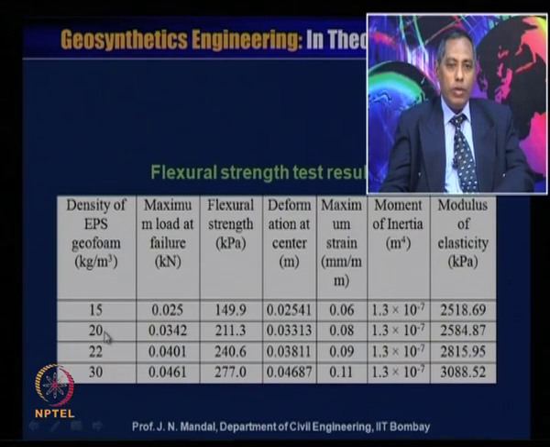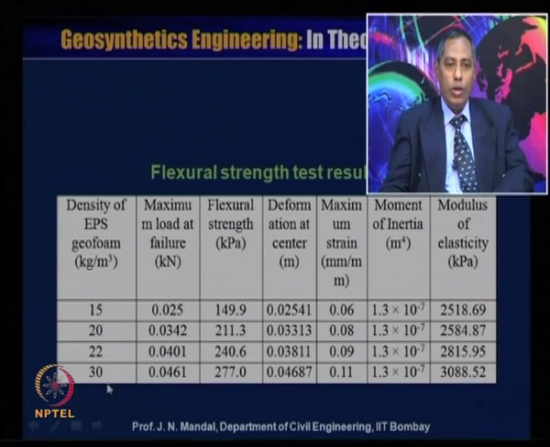When the density of EPS geofoam is 20 kg per meter cube, the maximum load at failure is 0.0342 kilonewton, flexural strength 211.3 kilopascal, deformation at the center 0.03313 meter, maximum strain 0.08, moment of inertia 1.3 into 10 to the power minus 7 meter to the power 4, and modulus of elasticity 2584.87 kilopascal.